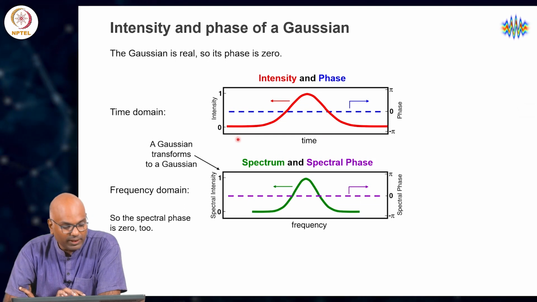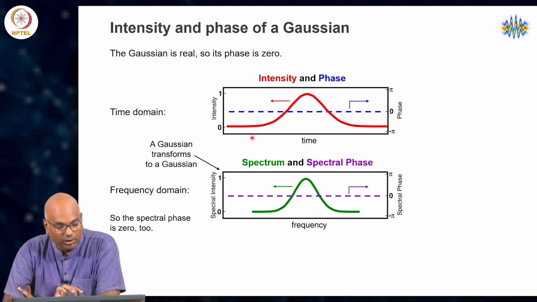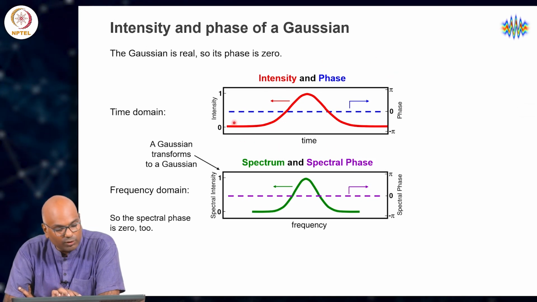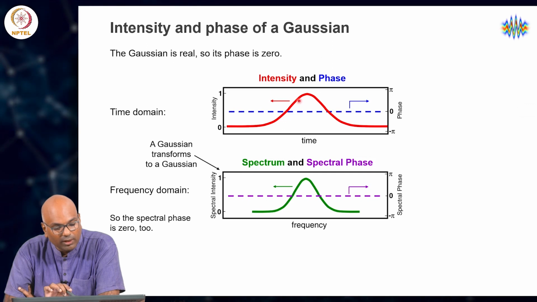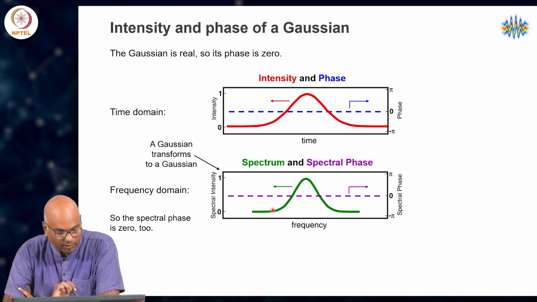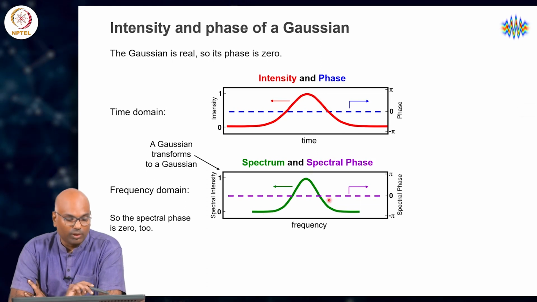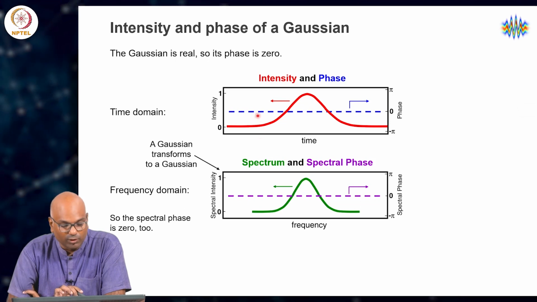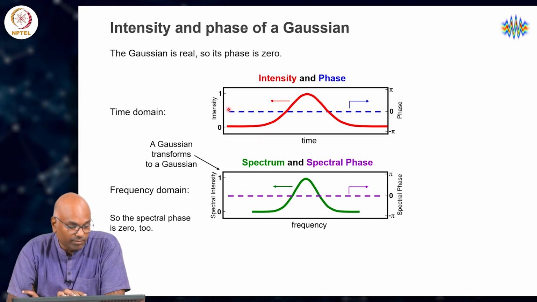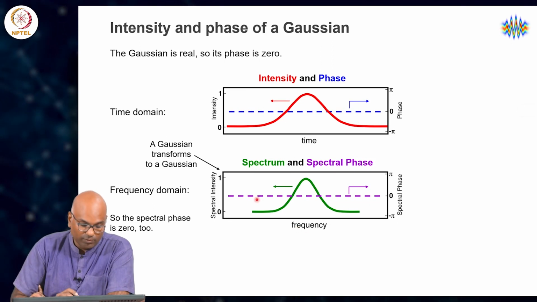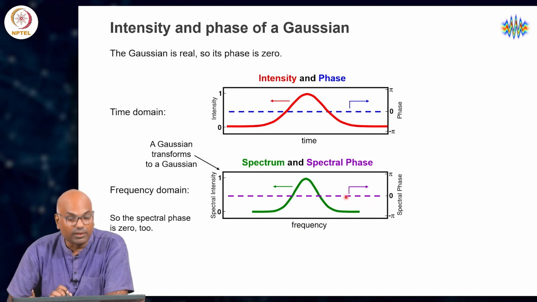So, here we learned how to get a portrait of a laser pulse. We are habituated to sketching only either the time or frequency domain envelope, which is here the red curve, or the green curve in the bottom plot, but a complete description of the pulse in either domain should involve plotting also the temporal phase, or for that matter the spectral phase, as the case may be.